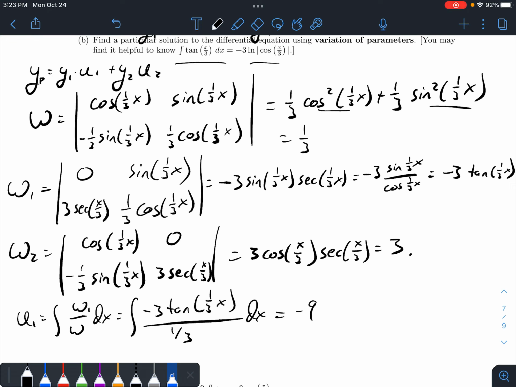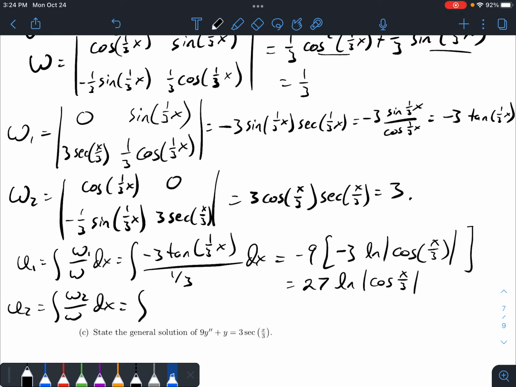So 27 times that. And u2 is equal to the integral of W2 over W. This one is going to be a lot easier because it's just 3 over 1/3. So this is equal to 9, and then integrating 9, you get 9x.